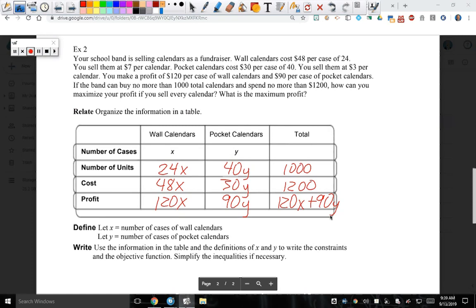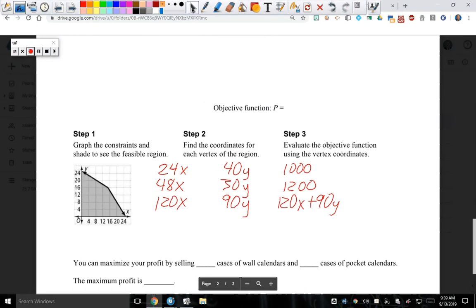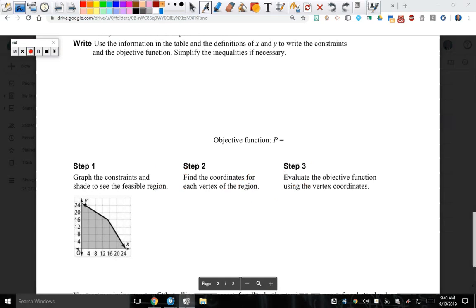So now that we have that filled out, let me move down here and we're going to start building these equations. Alright, let's go with Brianna. What is the first equation with the number of units? Yes, 24x plus 40y.